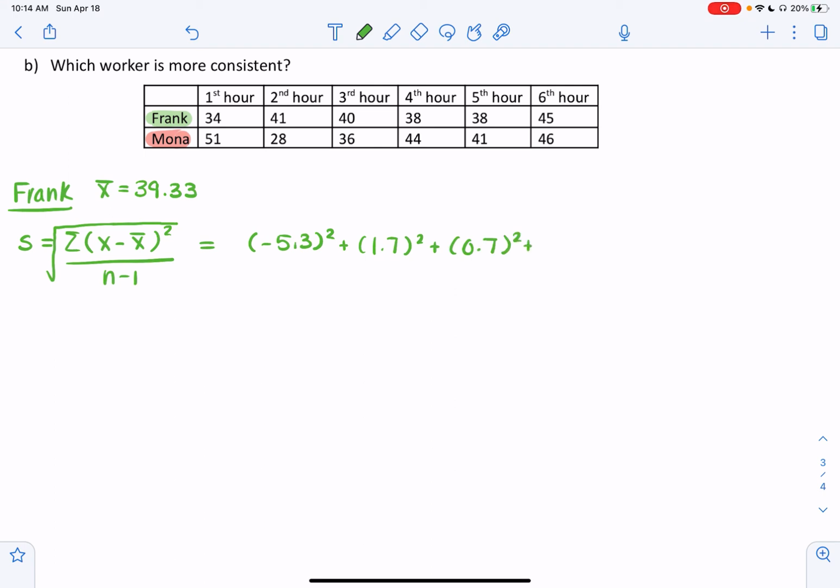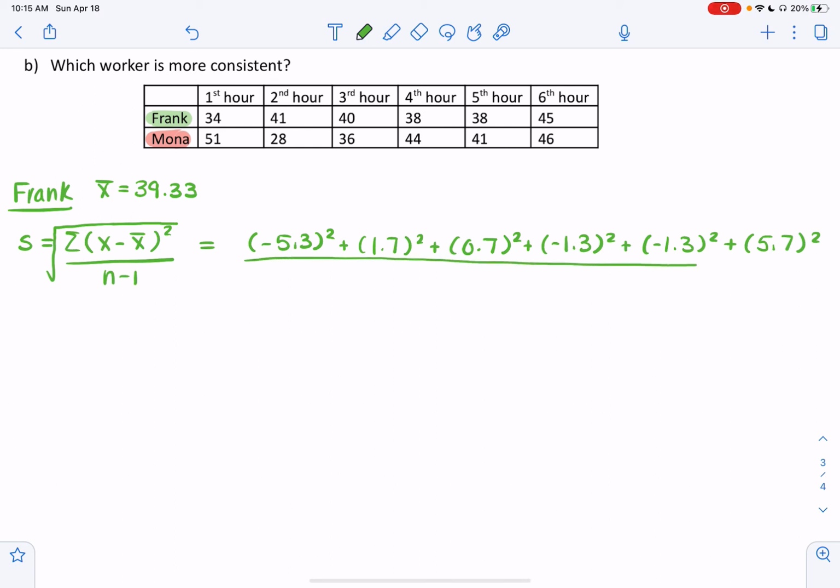Then 38 minus 39.33 is negative 1.3. And then I have the same one again. And 45 minus 39.33 is 5.7. There we go. I divide all of this by n minus 1, so 6 minus 1, and I square root it.